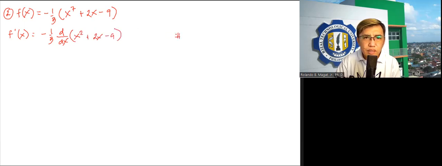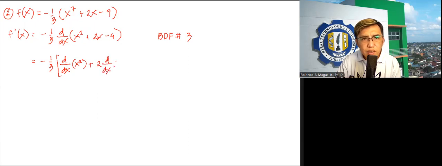This is basic differentiation formula number 3. Then negative 1/3 times d over dx of x to the 7th plus 2 times d over dx of x minus d over dx of 9. This is basic differentiation formula number 4 and 3 in that order.